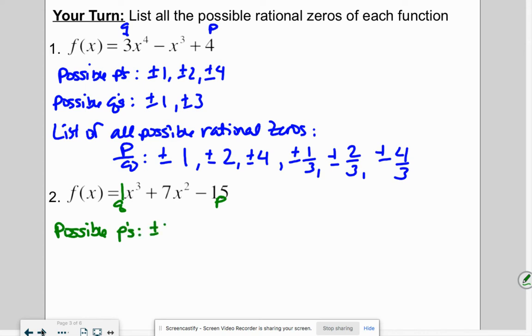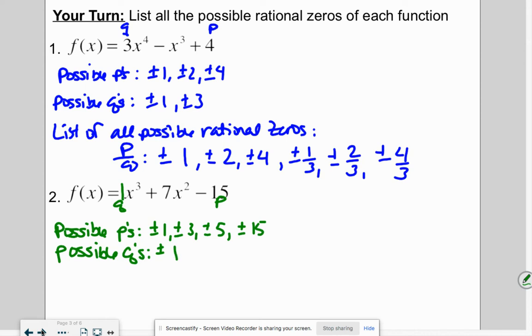So plus and minus 1, plus and minus 3, plus and minus 5, and plus and minus 15. So go in numerical order because it makes sense to make the list in numerical order. Otherwise, you'll forget a factor somewhere. And because the leading coefficient is 1, that means the only factors of 1 are 1.